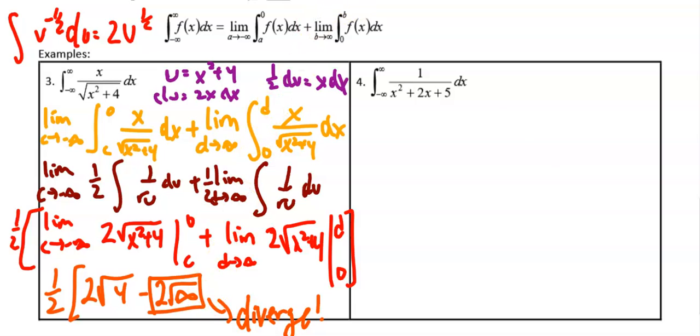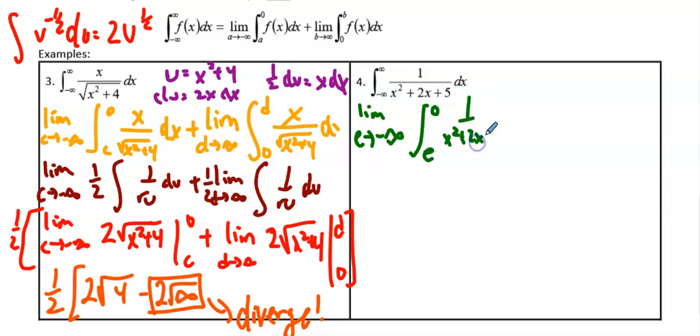So let's look at an example that will not diverge. I'm going to keep this up so you guys can see it. For this one, we're going to look at the limit. I always go with x, but I'm going to try to keep it constant here with the letter e. So e approaches negative infinity of the integral from e to 0 of our function.